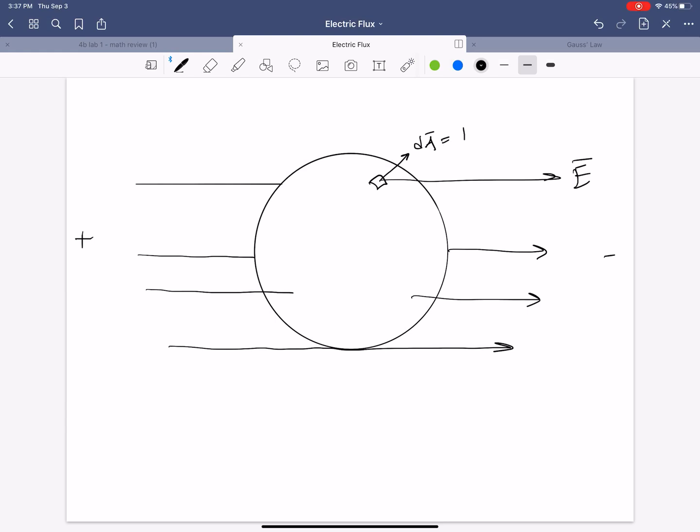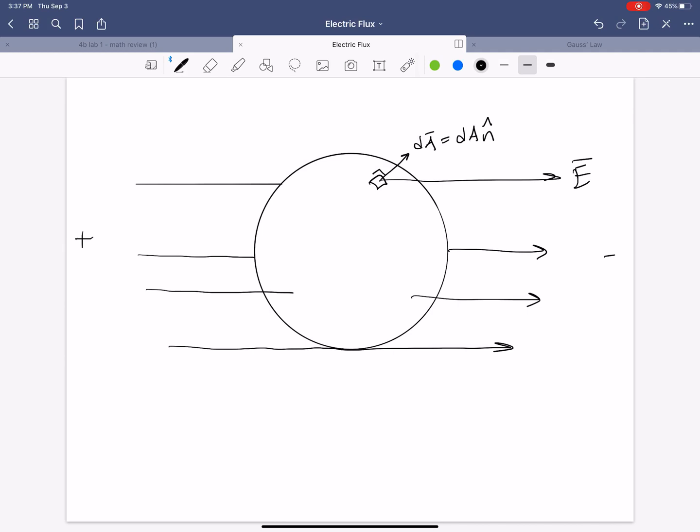We can write that another way. Say dA, that's the magnitude, and it's in the direction normal to the plane at that location. So we can say dA is in the direction of n-hat, the normal. You can think of normal as perpendicular, same thing.